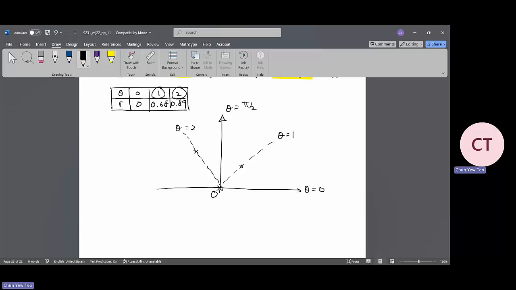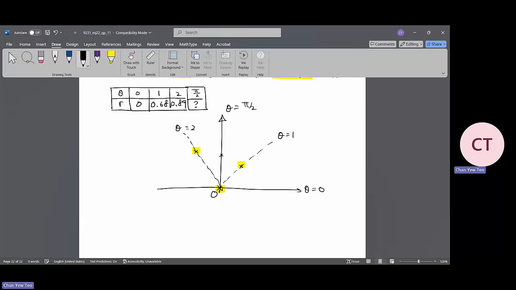So actually in between, you can see that your graph will start from here and then here and then here. So actually in between, it will pass through the center, I mean the theta equal to pi over 2. So if you want, you can also add one more column over here to find the value when it's pi over 2.